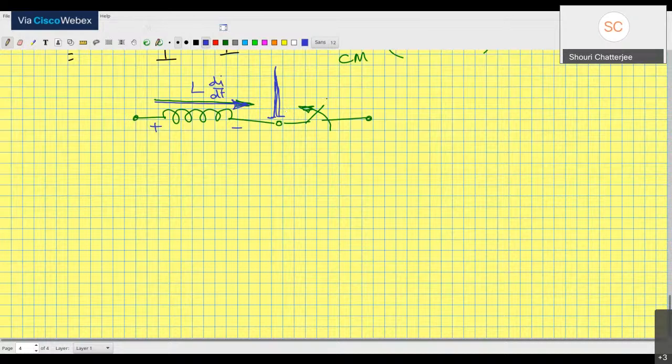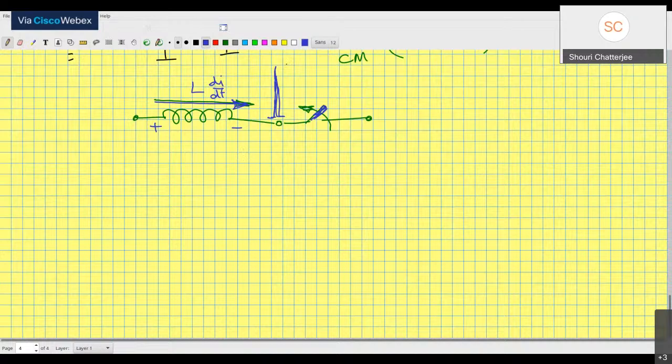Now, this potential spike can be big enough that it will ionize the space in the gap of the switch. Typically the switch will have a gap. When you throw it open, there will be some air, an air gap.